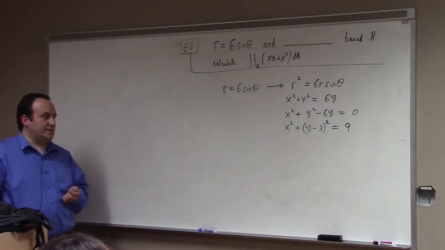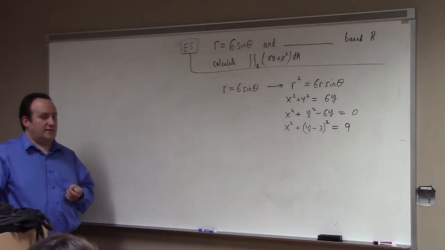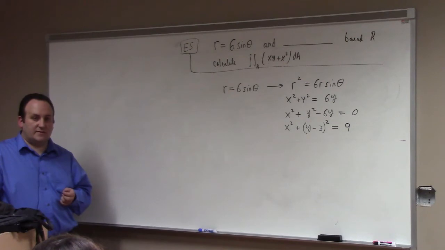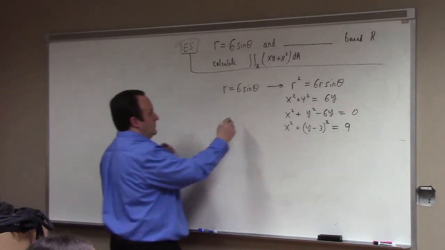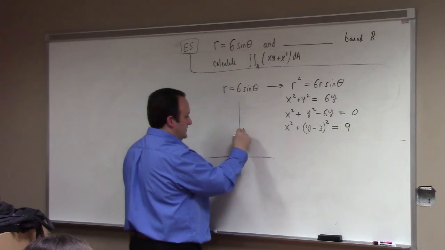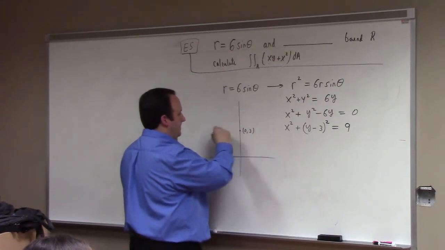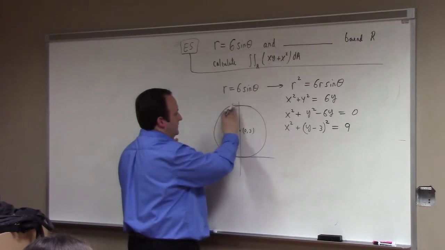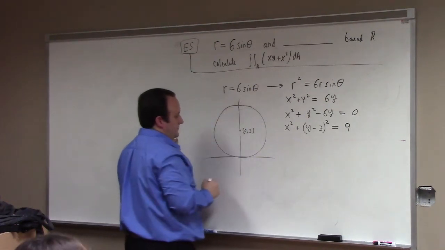At which point I learn, aha! r equals 6 sine theta is actually a circle centered at (0, 3) with radius 3. So, in fact, if I was to draw it, it's something like this, right? That was supposed to be a circle. Anyway, you got the idea.